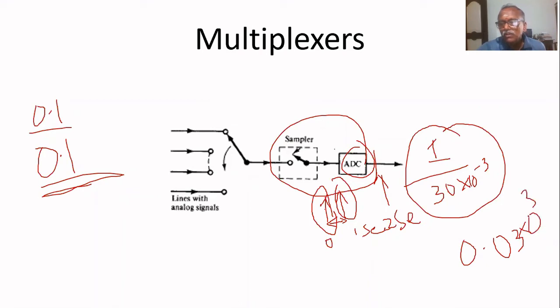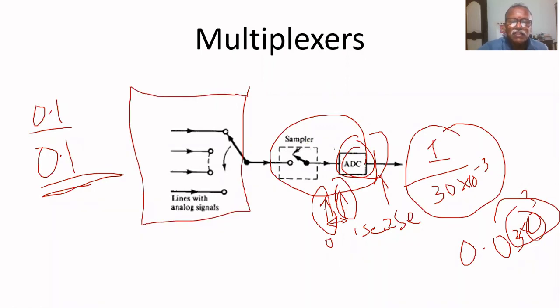So 30 times the ADC can convert in between 2 samples. That's why in an ADC, a multiplexer will be cascaded with that ADC. That is called channel 1, channel 2, channel 3. It will convert this, then this, then this, then this. That is called channels. So one ADC is sufficient to convert many signals if the sampling period is large.